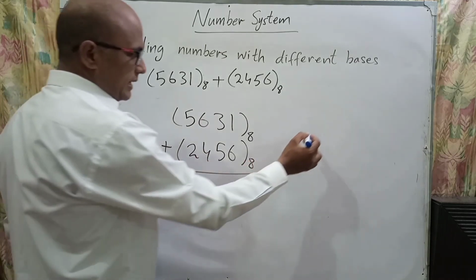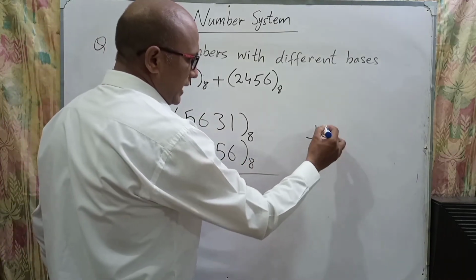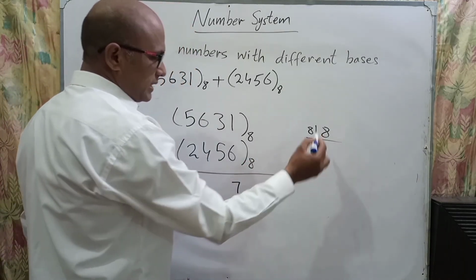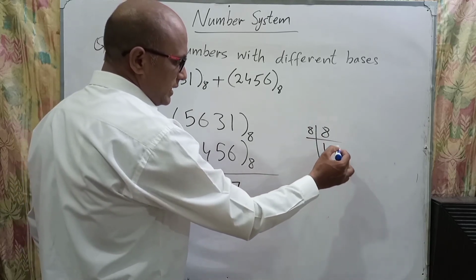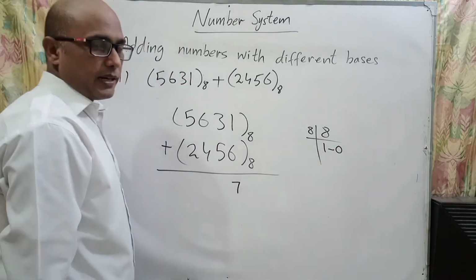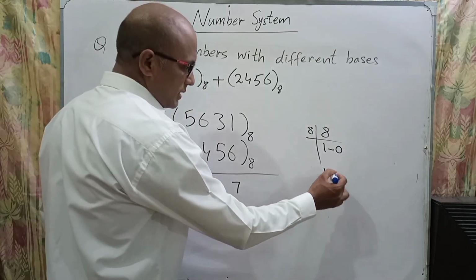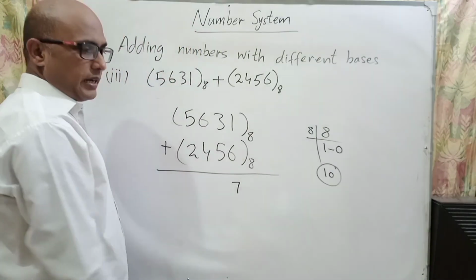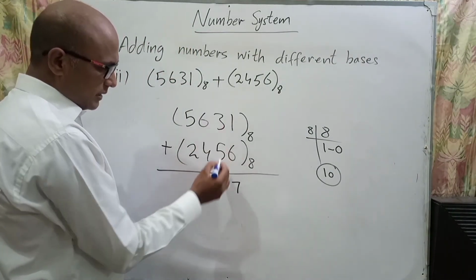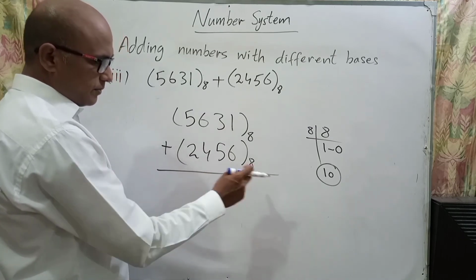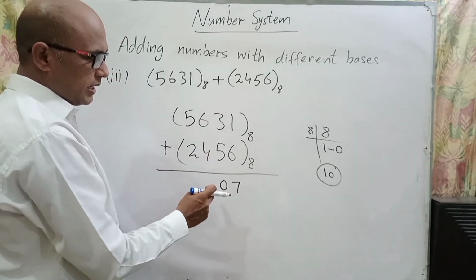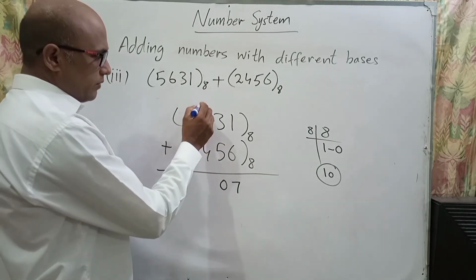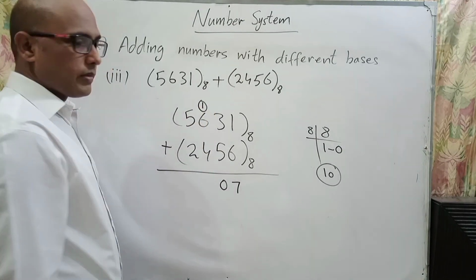Adding these two we get 8. So let's find its LCM with base 8. 8 ones are 8 and the remainder is 0. That means its answer is 10. We'll write 0 of 10 under these two numbers 3 and 5, and 1 will be carried over.